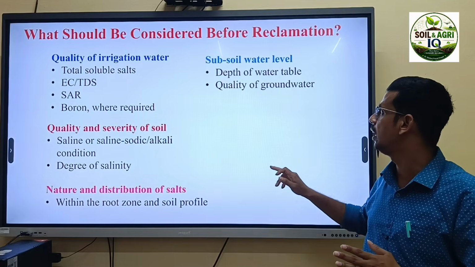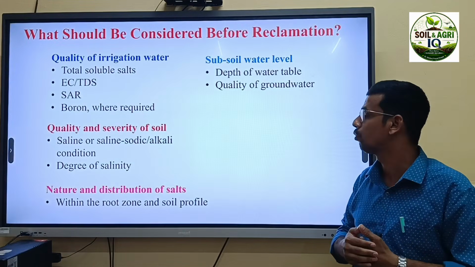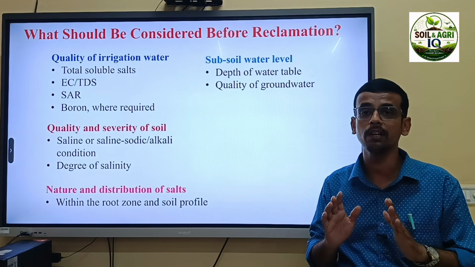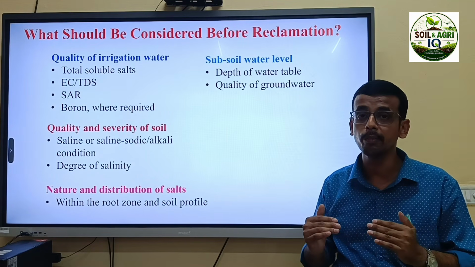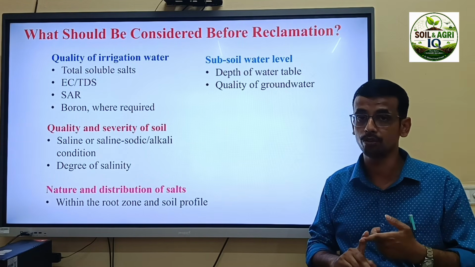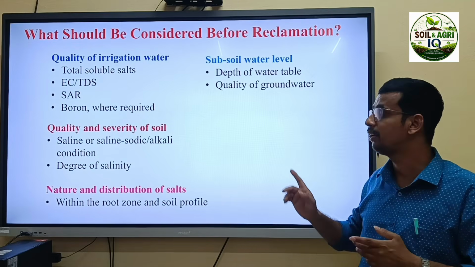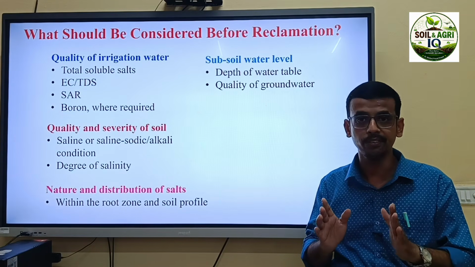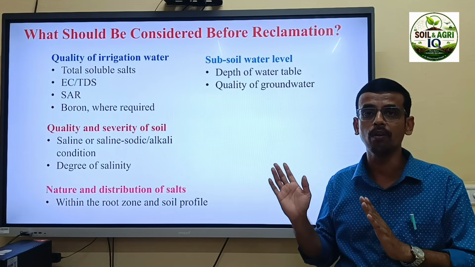Then the fourth one is the subsoil water level. For reclamation of the saline soil, the depth of the groundwater table is important. Either it is a shallow groundwater table or a deep water table, that is most important. And the quality of the groundwater, not only the irrigation water, because mostly for irrigation we now generally use groundwater.